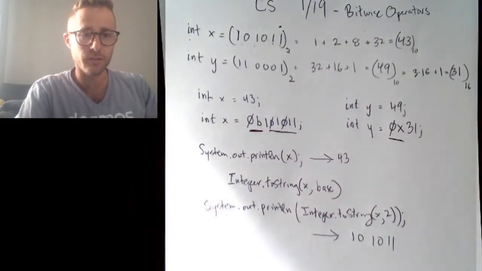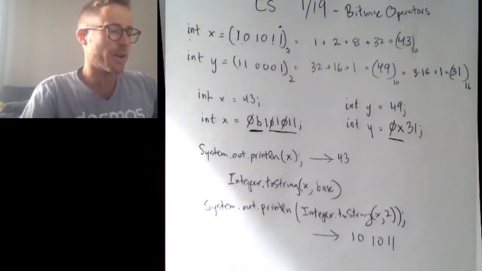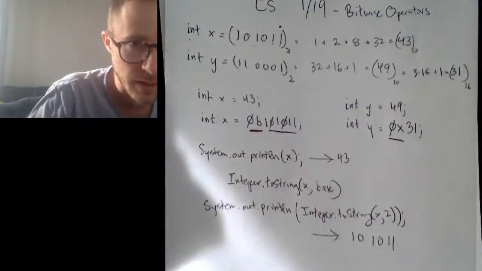It's going to print it out in binary form. We could put in 16 here. We could print things out in hexadecimal form.